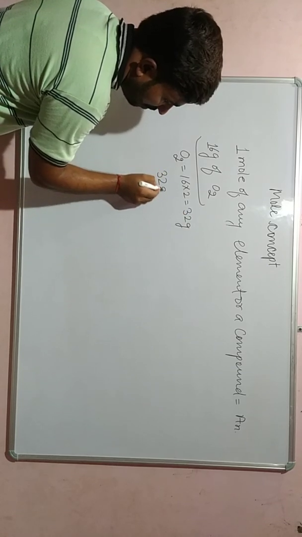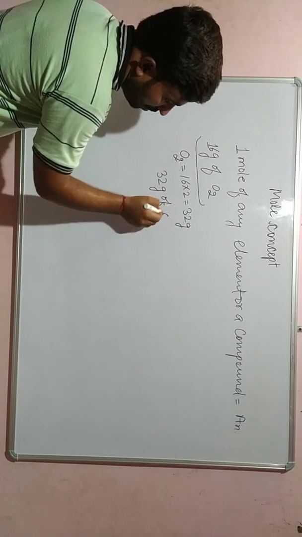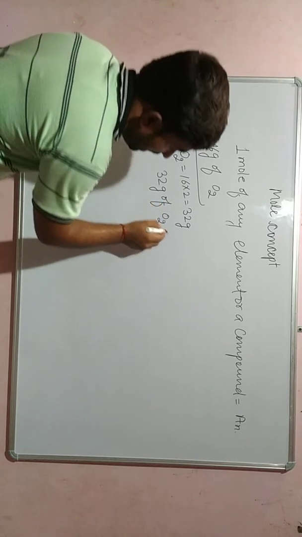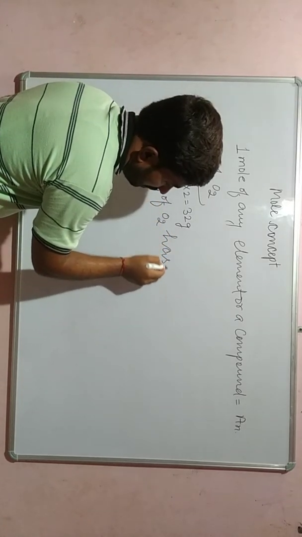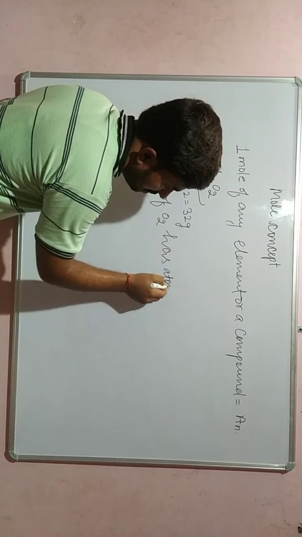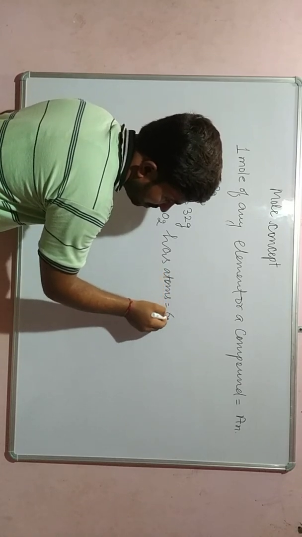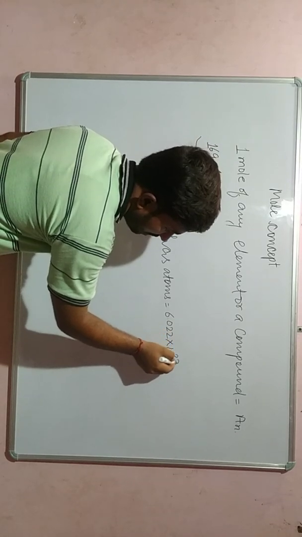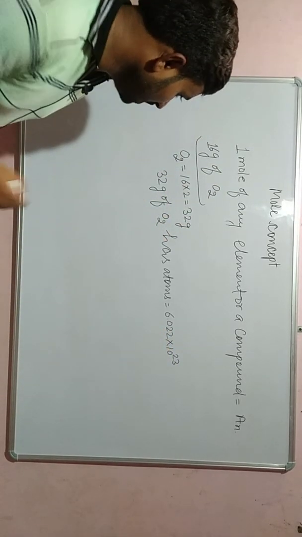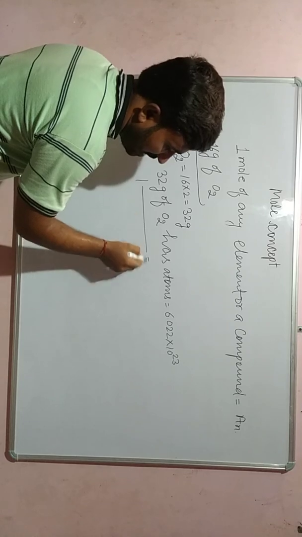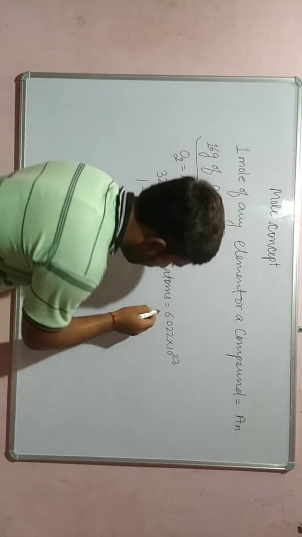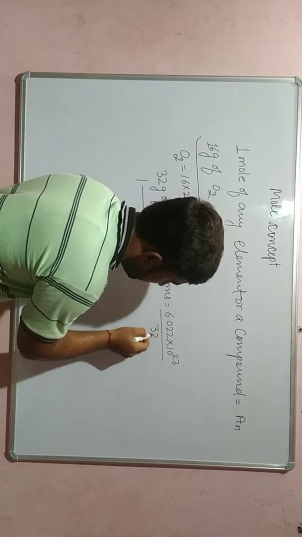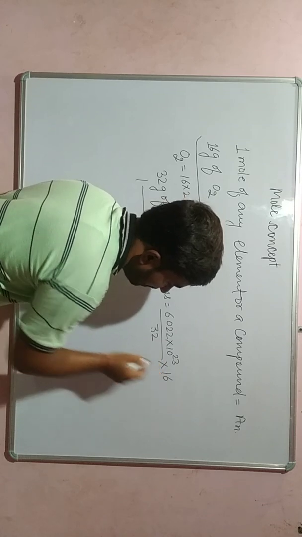32 gram of oxygen has atoms equal to 6.022 into 10 raised to power 23. 1 gram of oxygen has atoms equal to that divided by 32, and for 16 gram we will find out.